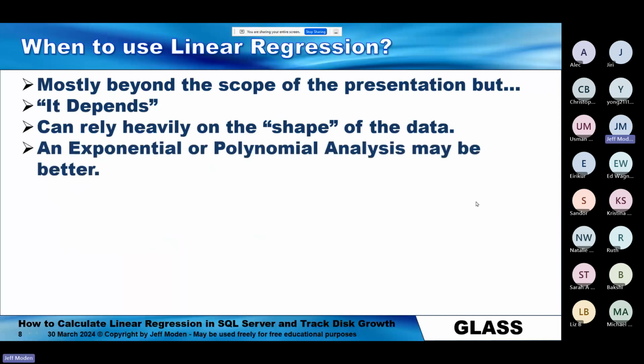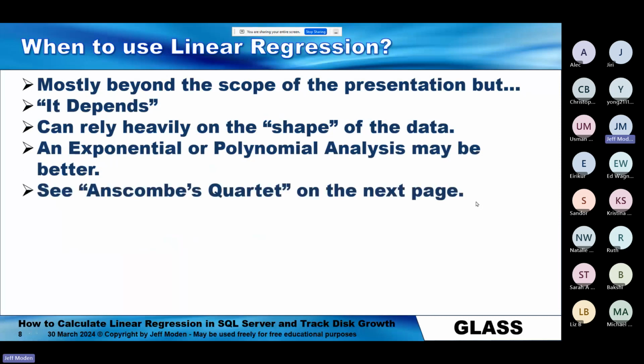For example, an exponential or a polynomial analysis may be better to fit the data with rather than linear regression. And there's a fellow by the name of Anscombe who wrote an example. It's a classic example for linear regression and this very thing that I'm talking about.